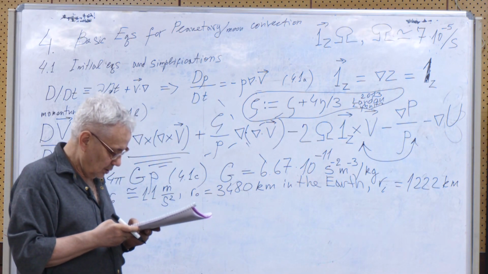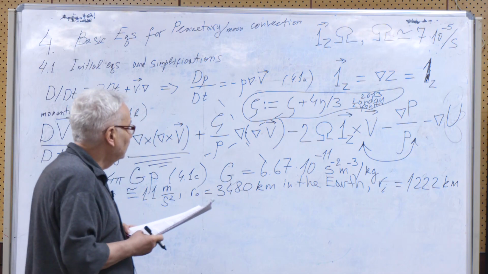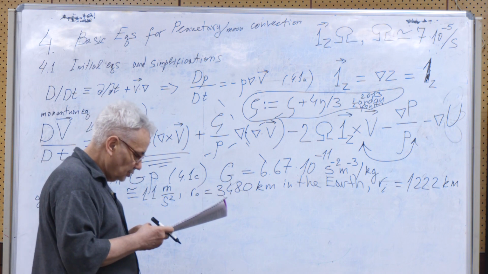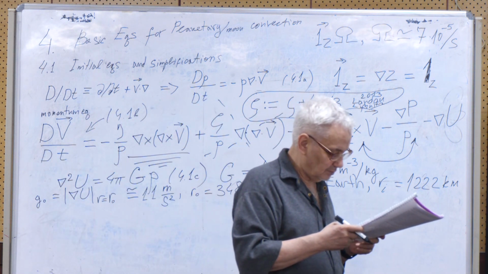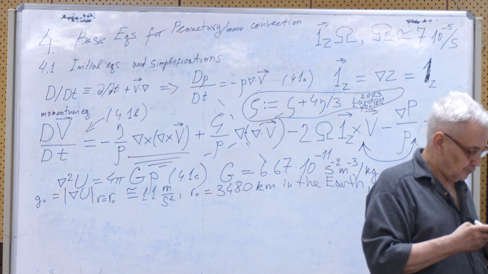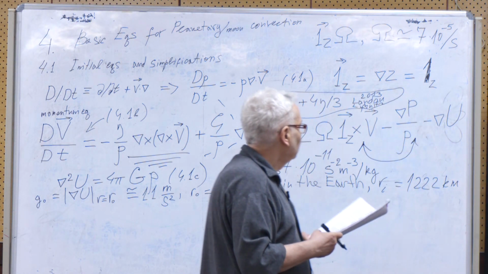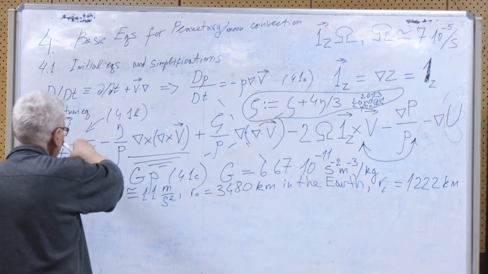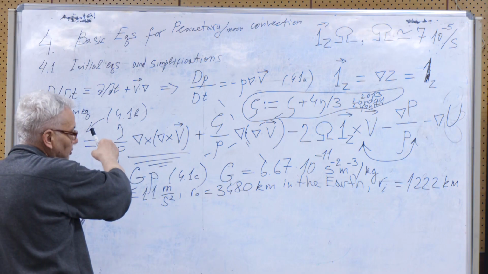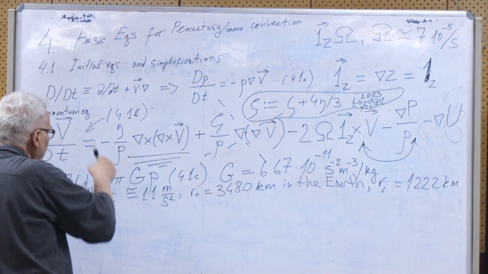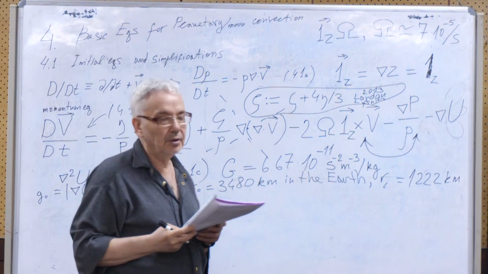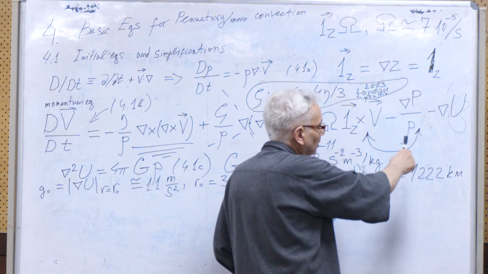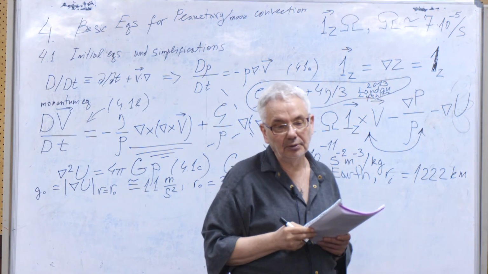And to close the system for 4.1, two more thermodynamic equations are needed for the density and pressure P. You see that there are 3 variables for velocity, the initial quantity which we are looking for. Then there is the pressure, the density, and the gravitational potential.